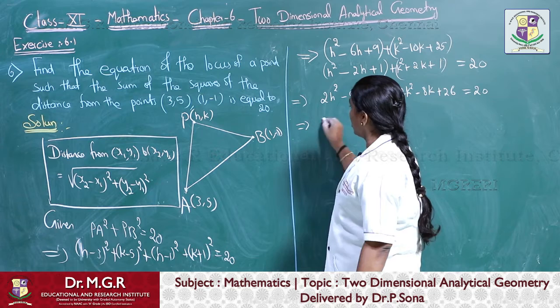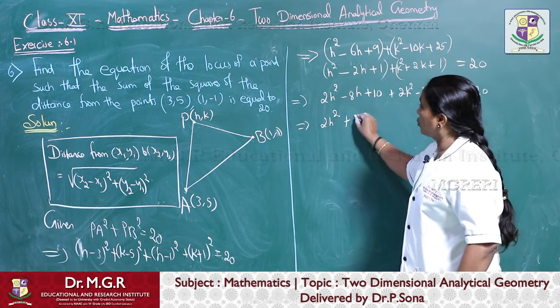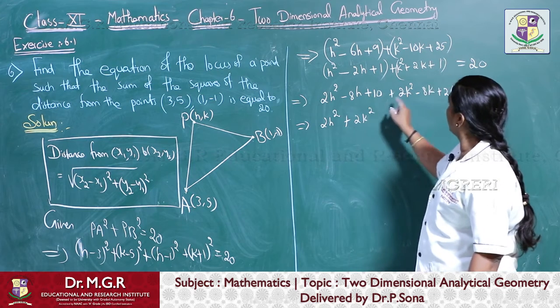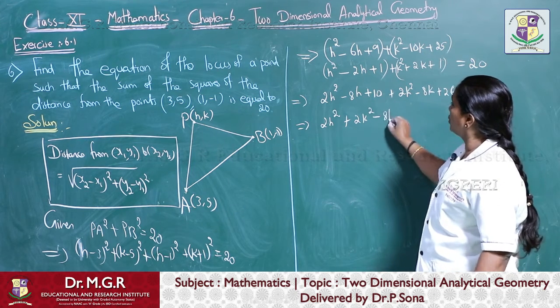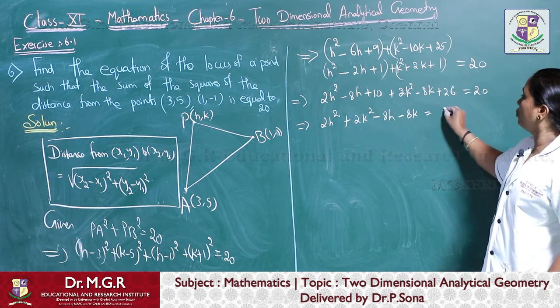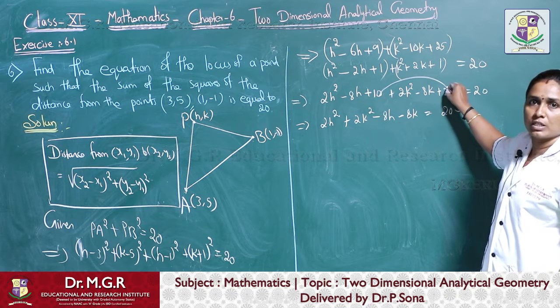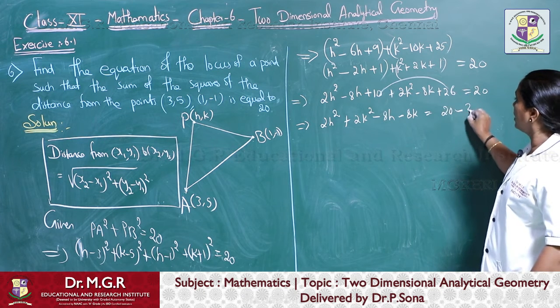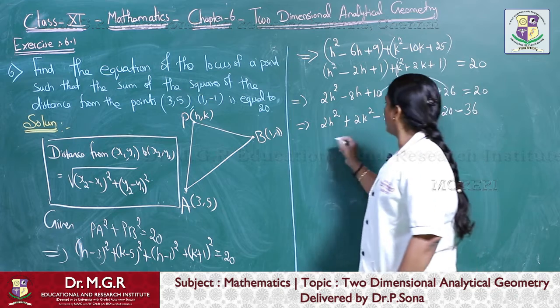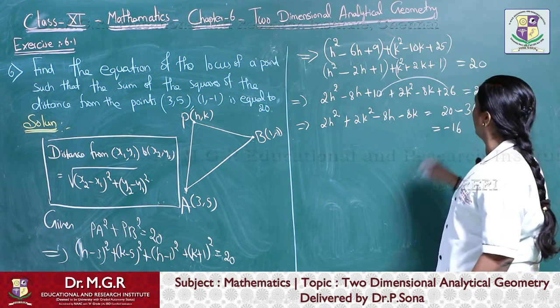So which implies 2h square plus 2k square minus 8h minus 8k equal to 20 minus, you can add these, 10 plus 26 is 36, so minus 36, which is equal to minus 16.